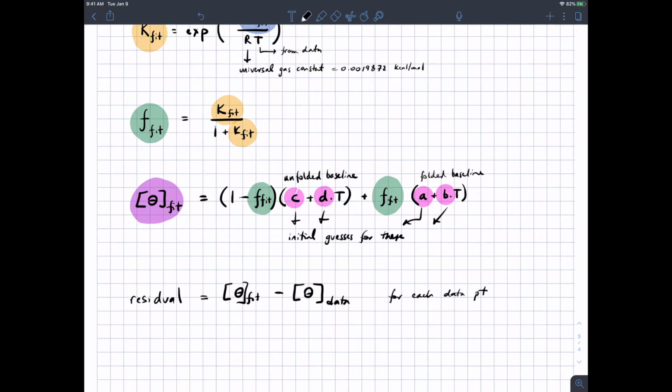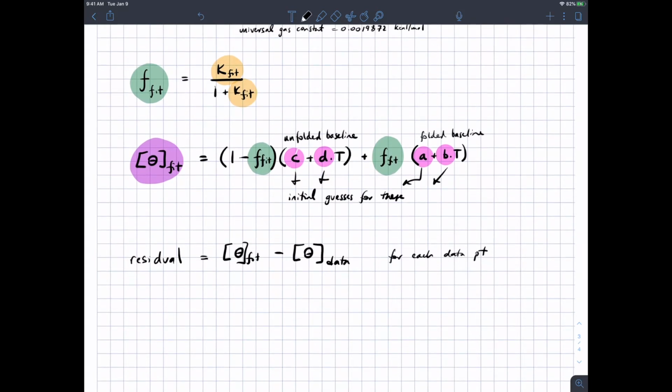And so to make that happen, we're going to define a term called sum of residuals squared. This is going to equal the sum of the fitted molar ellipticity minus the actual observed molar ellipticity at each data point squared. And we square it so that positive deviations don't cancel out negative deviations.